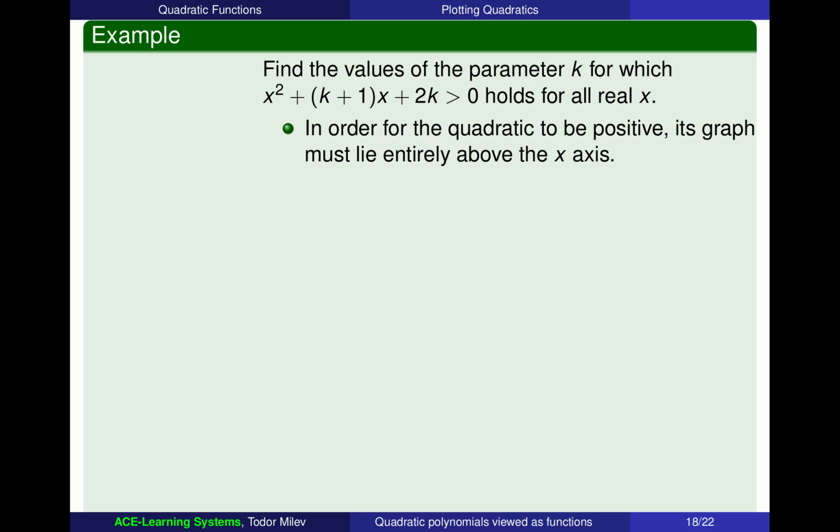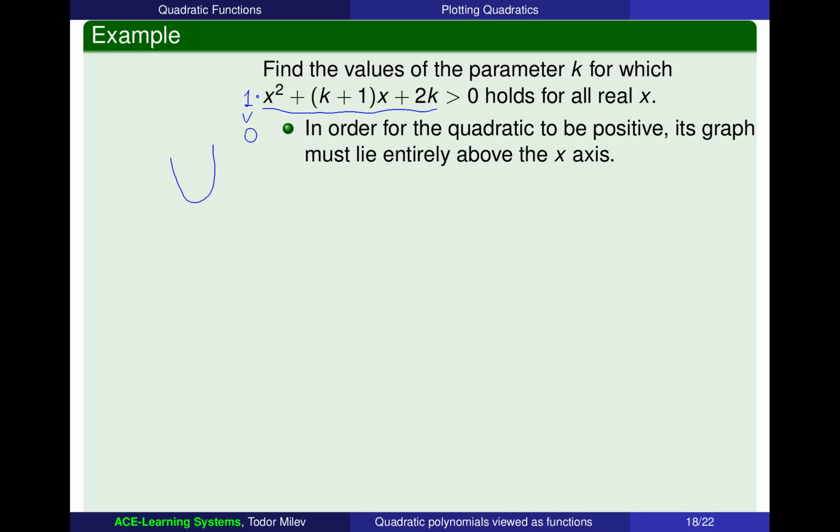Okay. In order for this quadratic to be positive, what do we need to happen? Well, look, the quadratic opens upwards, right? This quadratic opens up because the leading coefficient is greater than 0. If a parabola opens downwards, it always gets to be negative, no matter how I choose its linear coefficient and its constant term, right?